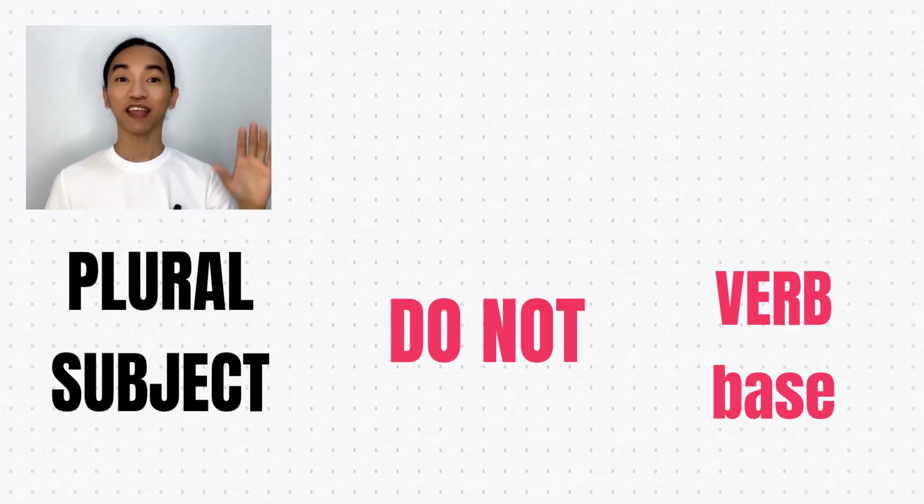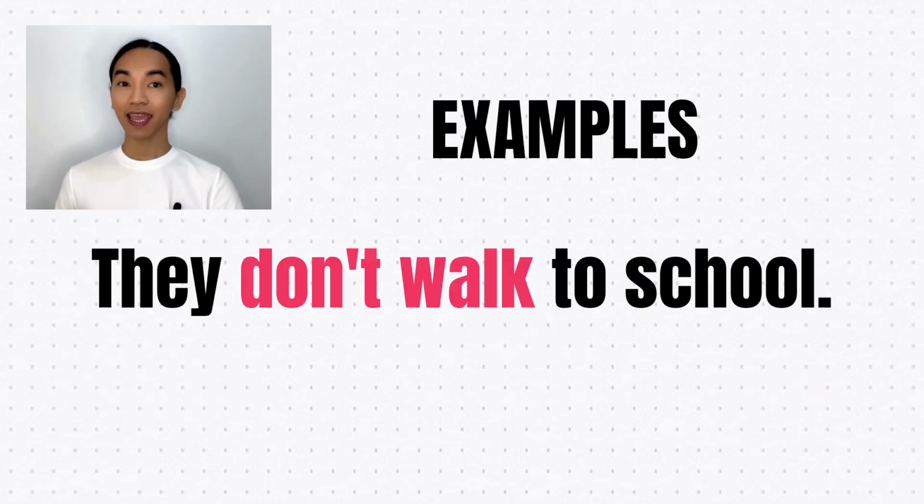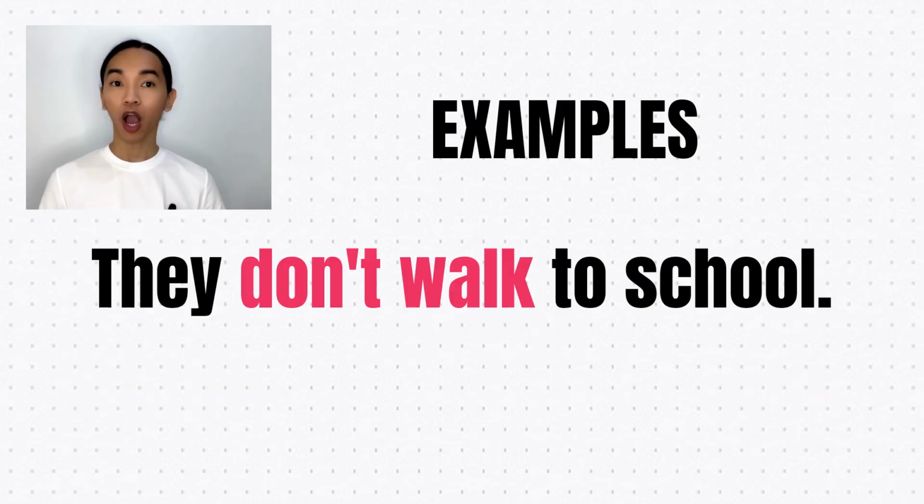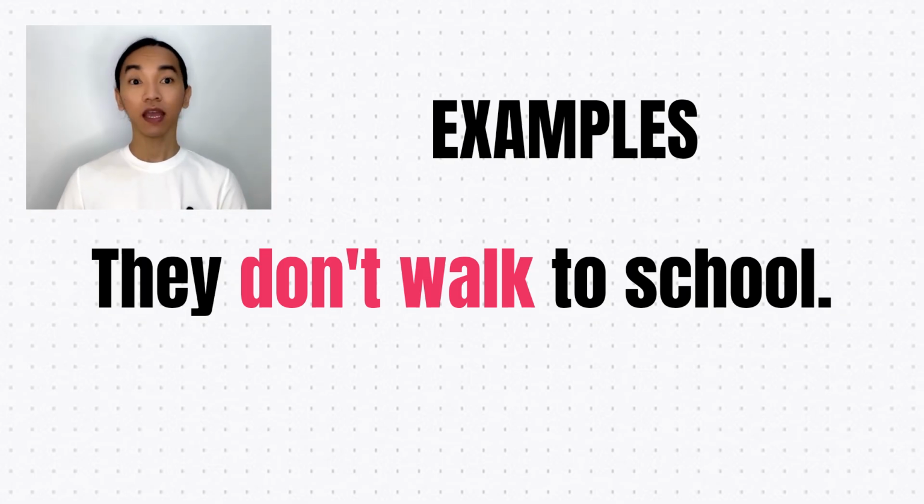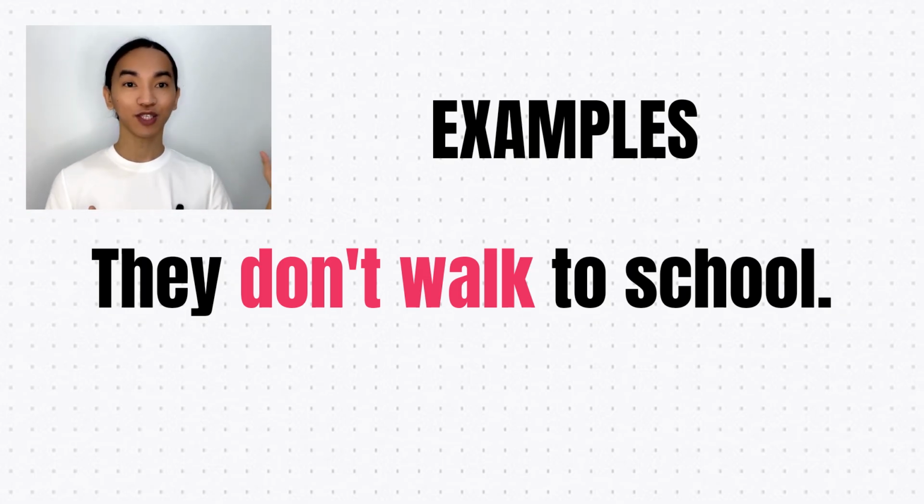All right? Now, when we have a plural subject, we use do not or don't. So plural subject, don't, and then verb in base form. Example, they don't walk to school.